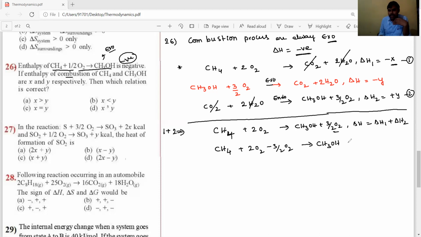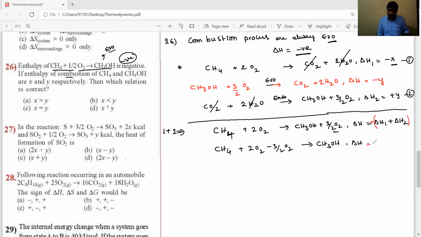CH3OH, and this delta H is equals to delta H1, which is exothermic. Sorry, this is an exothermic process. The resultant value, this delta H is exothermic, means the minus of delta H1 plus delta H2 will come. So the resultant value will have a negative sign.